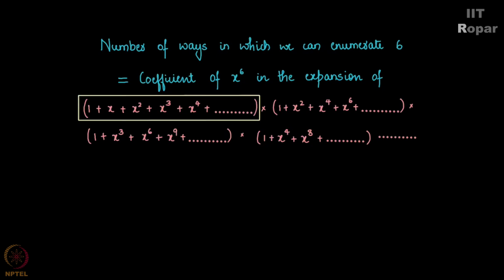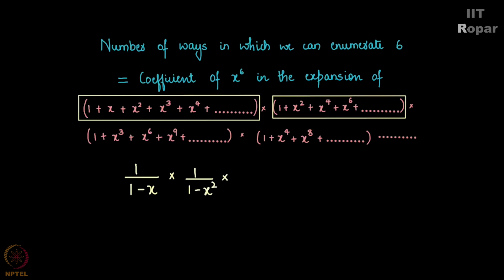What is this? As we have earlier seen in the chapter on generating functions, the closed form can be written as 1 by 1 minus x. Right? 1 by 1 minus x is the closed form of the boxed generating function. Now, into this is what? This is nothing but 1 by 1 minus x square. We have studied all of this, right?